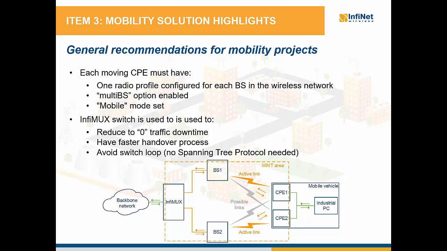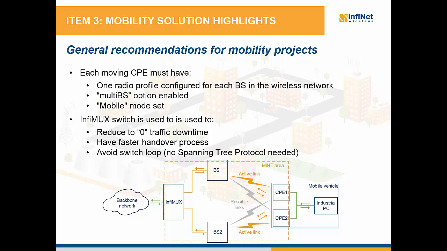From the point of view of InfiMUX, and this schema here is just an example, just a recommendation, it shows how the InfiMUX can help reduce traffic downtime to zero, have a faster handover, and avoid loops. In this case, we don't need the spanning tree protocol at all, because as we said at the beginning, the MINT protocol does this for us and has loop-free capabilities.